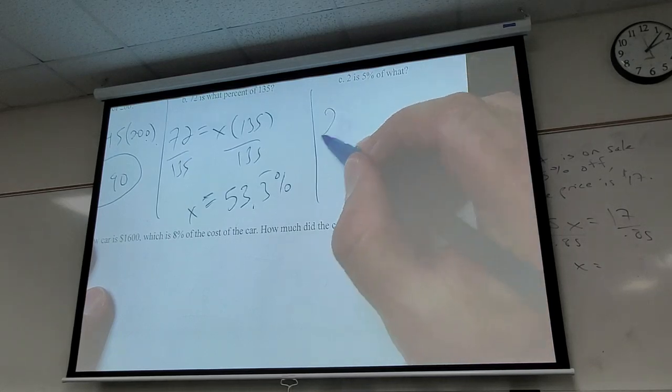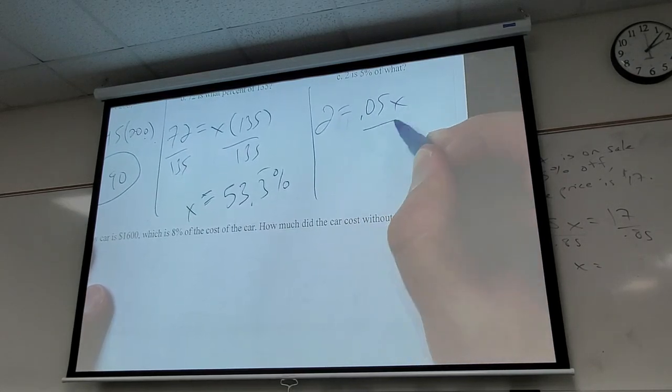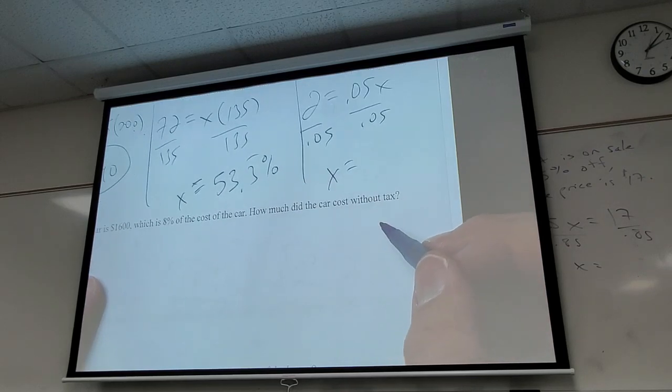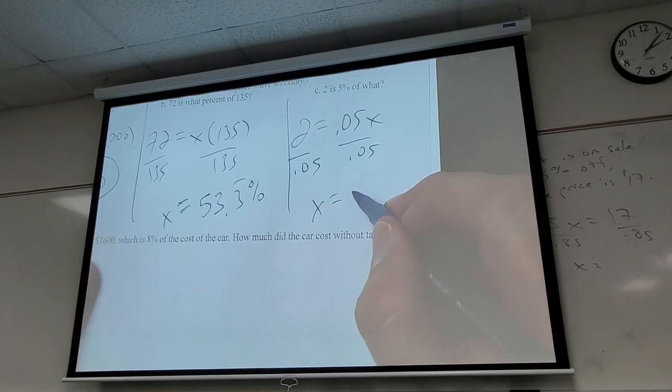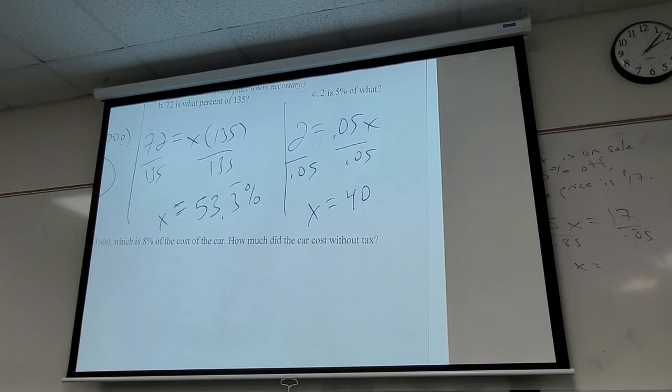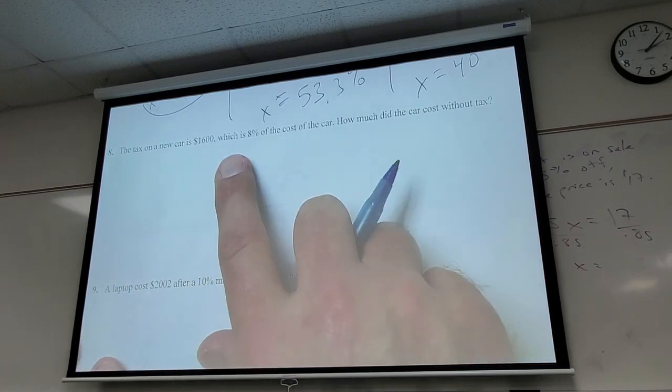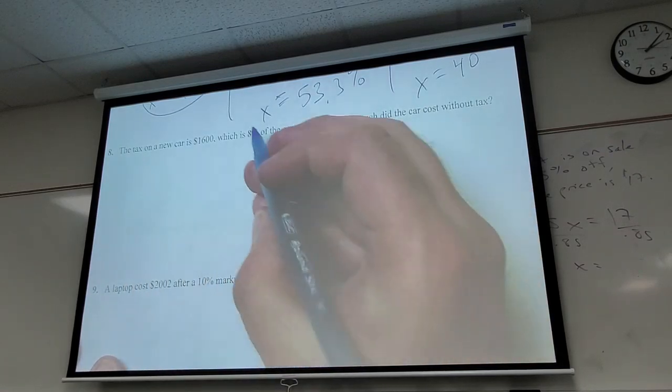And then finally, you got 2 is 5% of what? So when you divide by 0.05, what do you get? 40? Nice. Okay. Number 8 might trip you up if you try to make more out of it than it is.